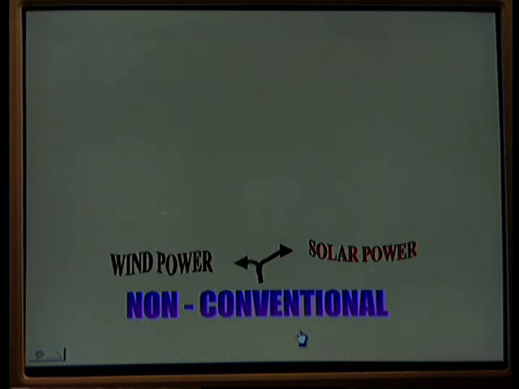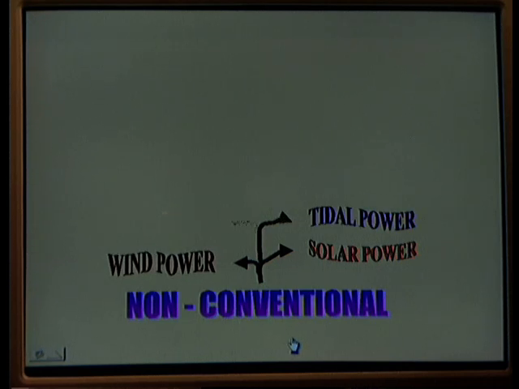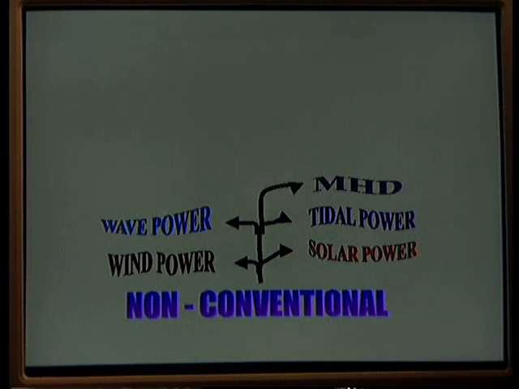Now, as we had talked about the conventional sources, now let us look into the details for non-conventional sources of energies. They are solar power, wind power, tidal power, wave power, MHD means magneto-hydrodynamics.